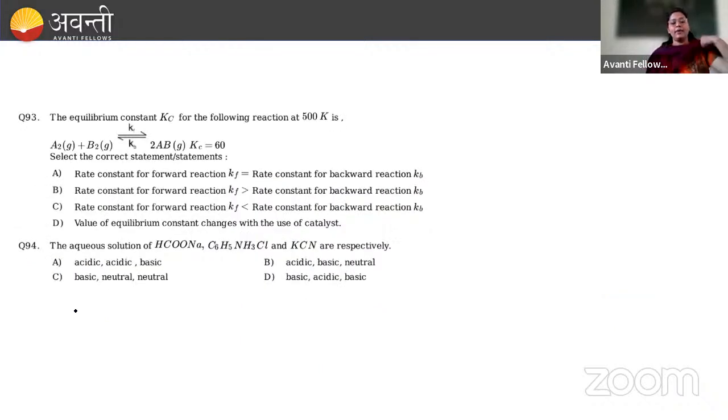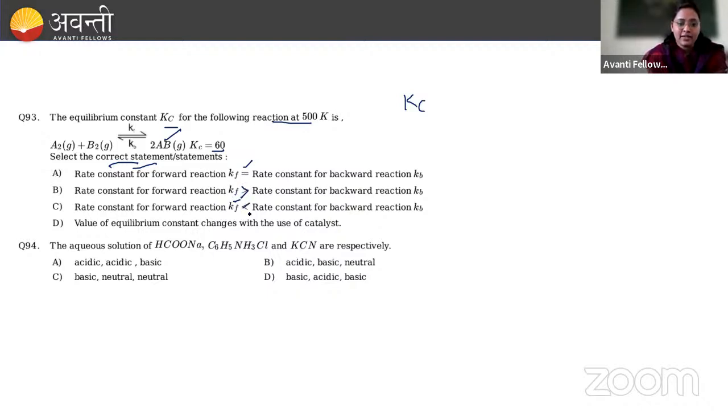Right, next. The equilibrium constant for the following reaction is... Here we have to calculate the equilibrium constant. Kc is given. The reaction given is A2 plus B2 gives 2AB, and Kc is 60. Tell me the correct statement. Option A: the rate constant for the forward reaction will be equal to the rate constant for the backward reaction. Next: the rate constant for the forward reaction will be greater than the rate constant for the backward reaction.